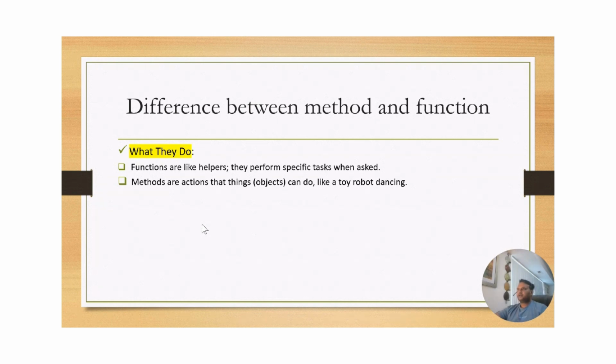Again, in the same example, a robot was our object, and dancing was the method. And if we take an example of a function, like we learned about the type function that returns the data type of each and every variable or string or whatever we pass on as an argument.